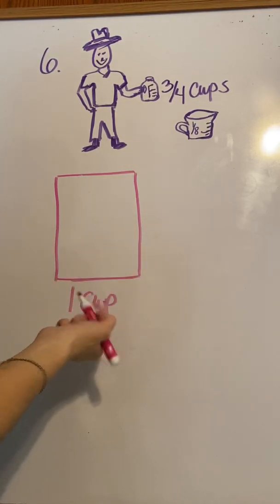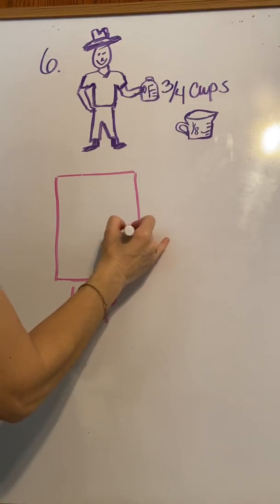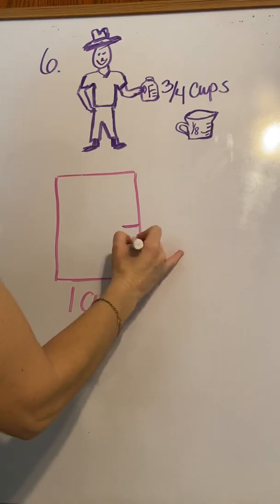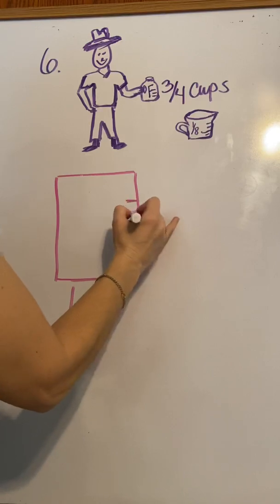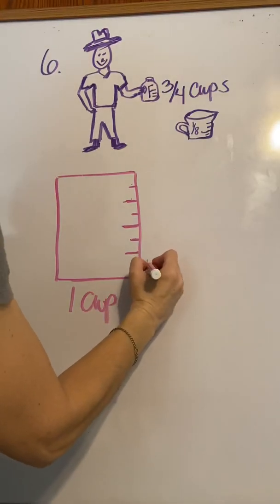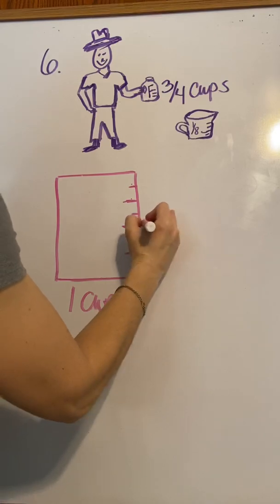All right, and how many eighths are in 1 cup? Well, there would be 8 eighths. So let's see. I can split this into 8 equal sections. 1, 2, 3, 4, 5, 6, 7, 8 to the top. Does this go 1/4, 2/4, 3/4?